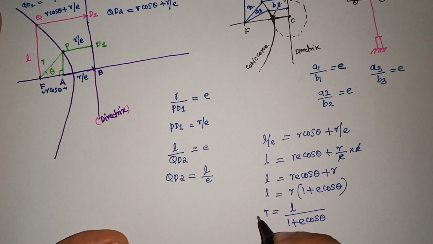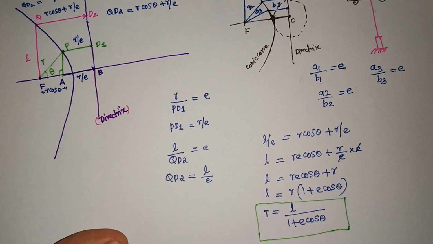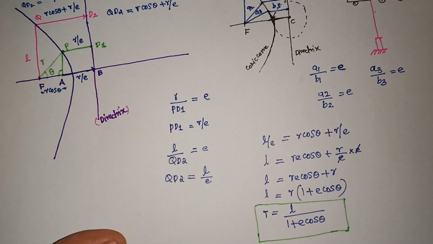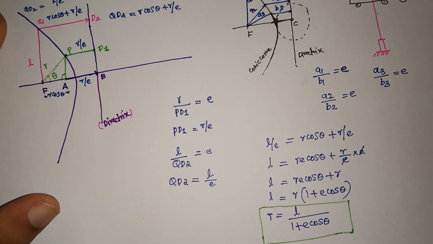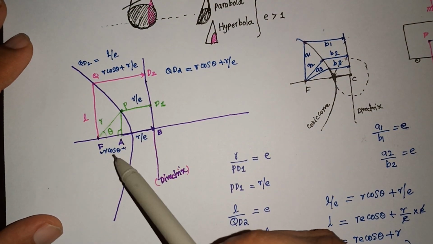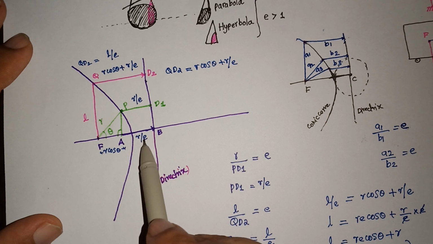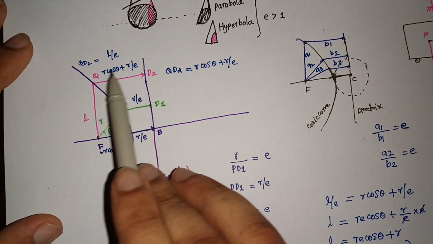Now this is the conic equation where R and L represent the basic meaning. Here we have taken QD2, which is going to be equal to exactly the combination FA plus AB. So FA is R cos theta plus R by E. That is where QD2 is written.